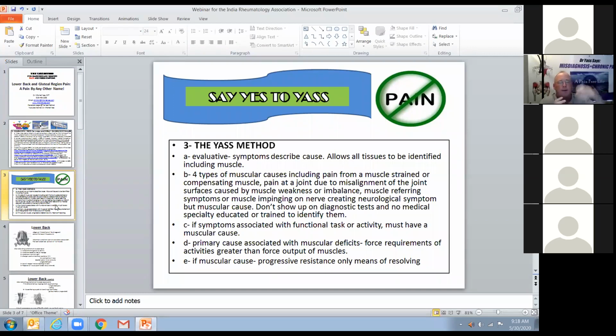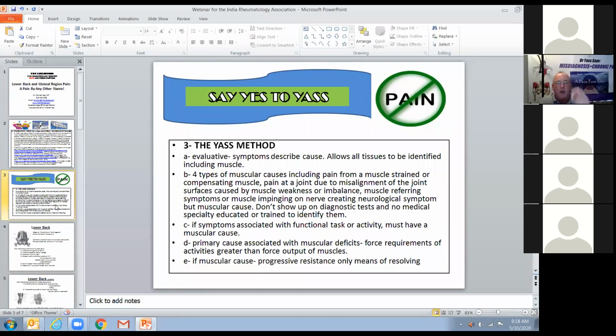So the 4 types of muscular causes that I was able to establish were: 1, a muscle just simply strains and elicits pain, or it might cause another muscle that's working to try to respond to that, and it strains, so you have actual muscle that's straining.